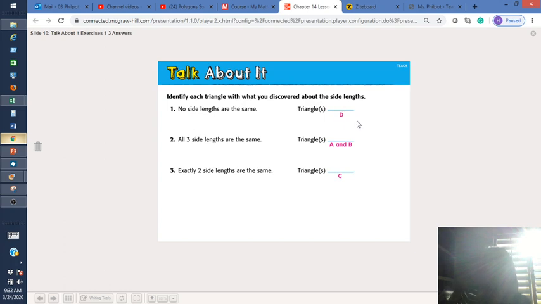From that first page where we had measured. All three side lengths were the same on A and B, and only two of them were the same on triangle C. And you're going to find out triangles that have side lengths have names. We're not going to learn those right now, but we have equilateral, isosceles, and the length of the sides can actually also define a triangle, but we're just getting started with that. So you just have to identify if they are the same, two of them are the same, if all of them are the same, or if none of them are the same. Okay?